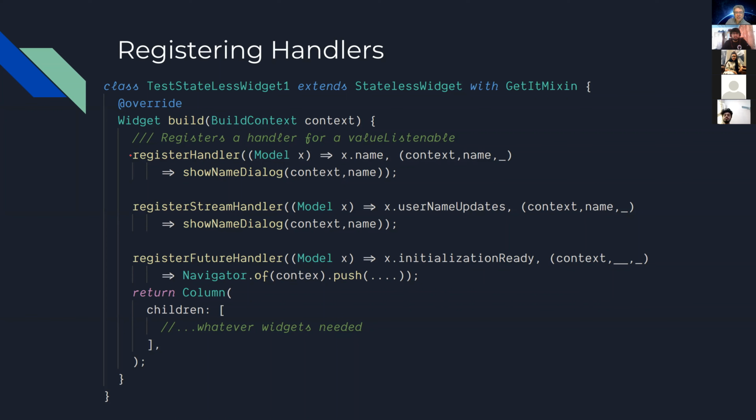So in your build function, you only have to call registerHandler, pass in which ValueListenable it should observe, and give it a handler function that should be called if the data changes. The same works for streams and for futures.